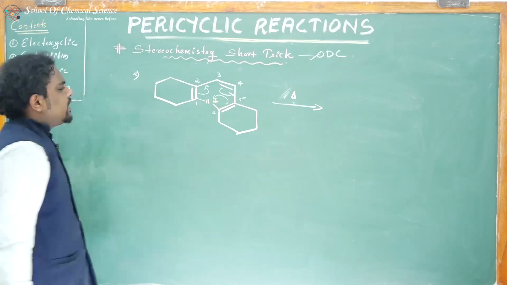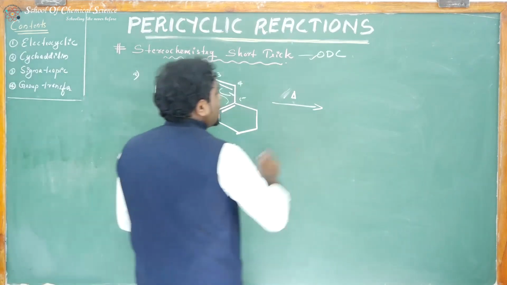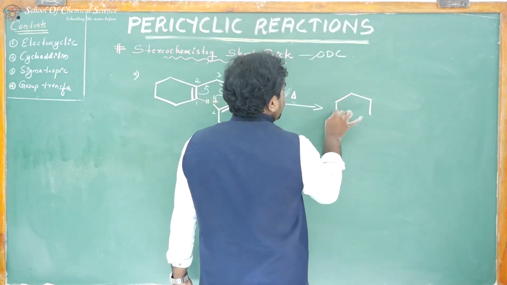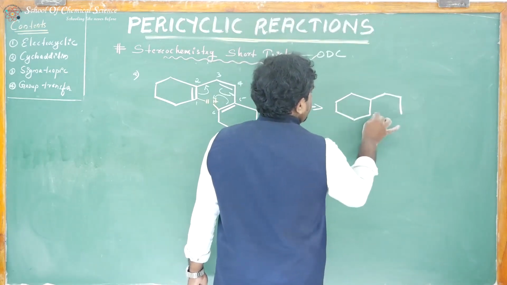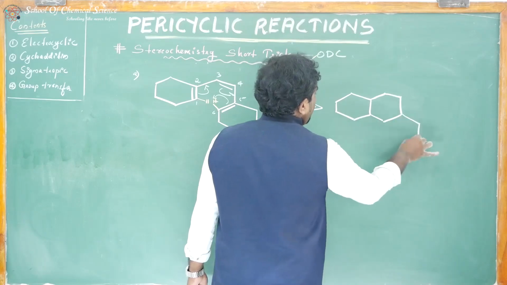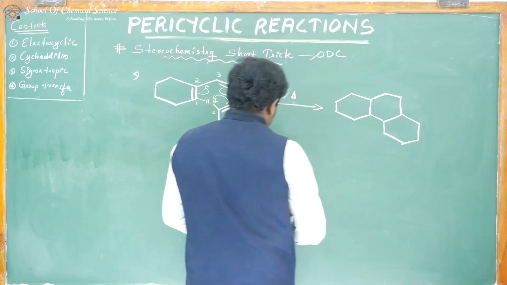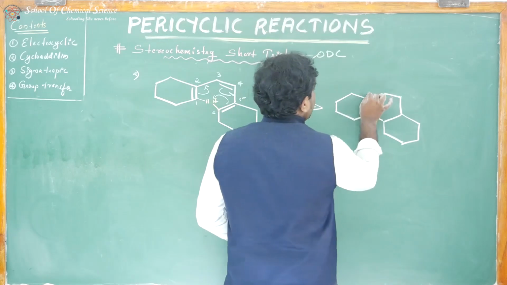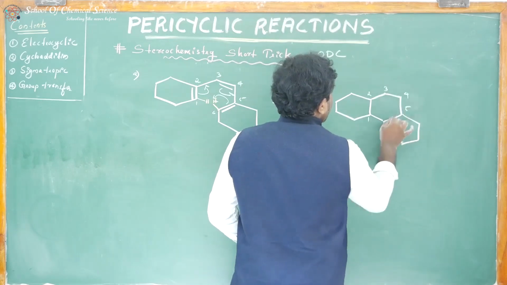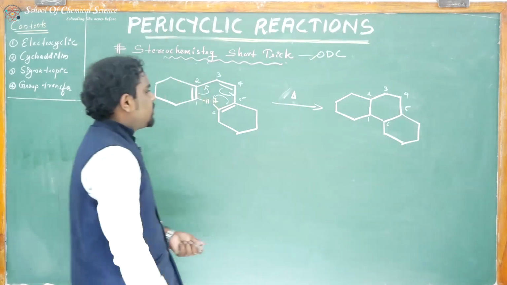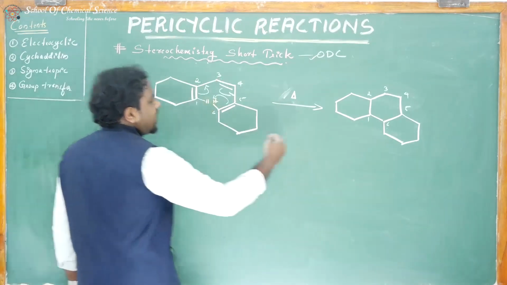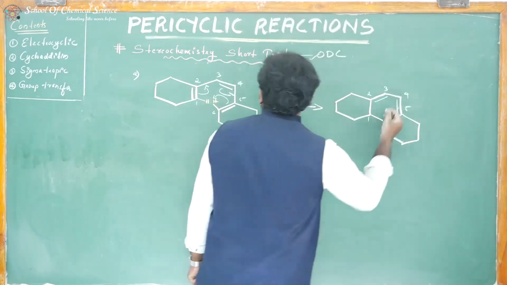Between 1 and 6 a new sigma bond is formed. So the product is: between 1 and 6 a new sigma bond, between 2 and 3 a pi bond, between 4 and 5 a pi bond.